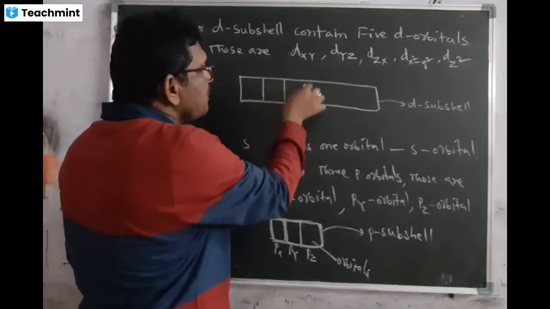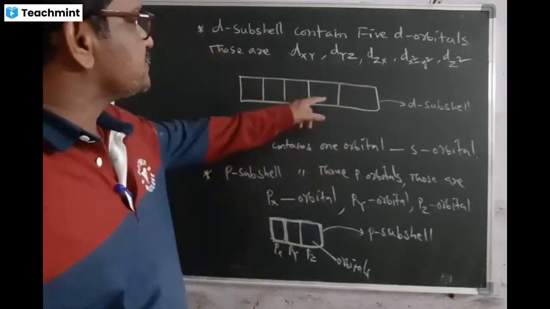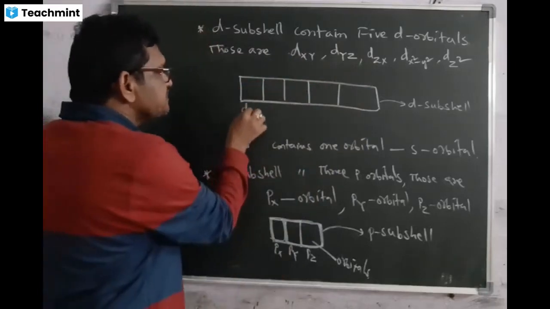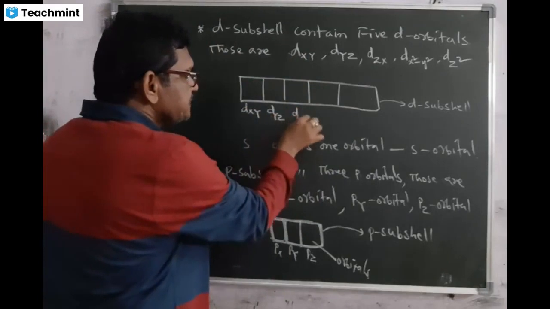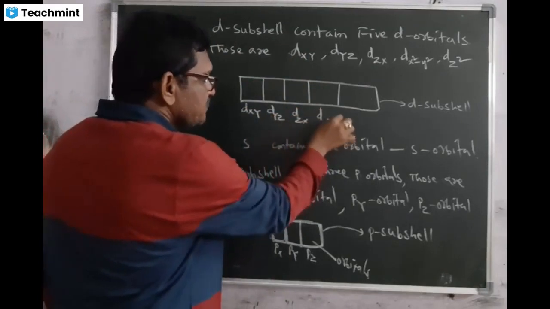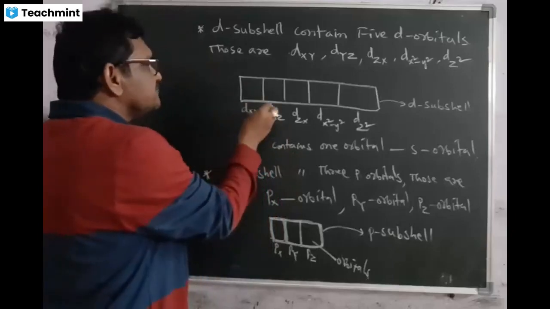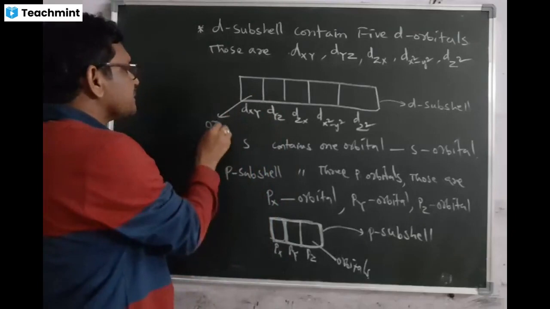These rooms are called orbitals: dxy, dyz, dzx, dx square minus y square, dz square.